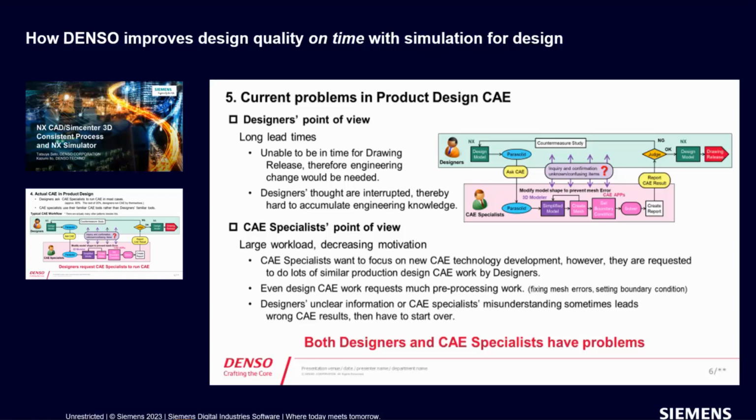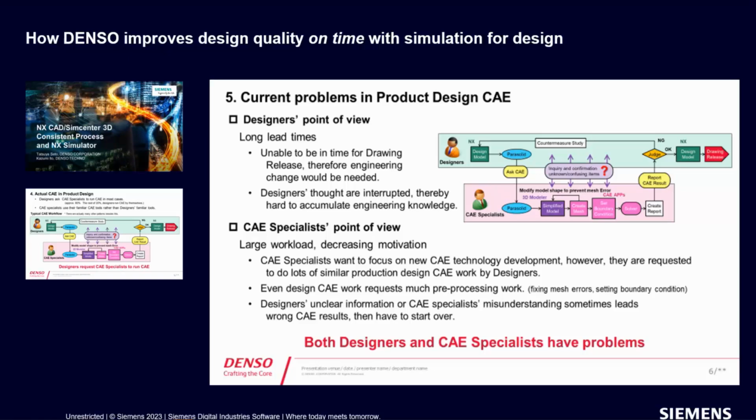And it could be to a point where they're getting that feedback too late. They've already released their design for drawings, and then a problem may be identified too late, and then you're into a situation where engineering changes are needed. Designers' thought process and activities may be interrupted because the information isn't coming in a timely fashion.